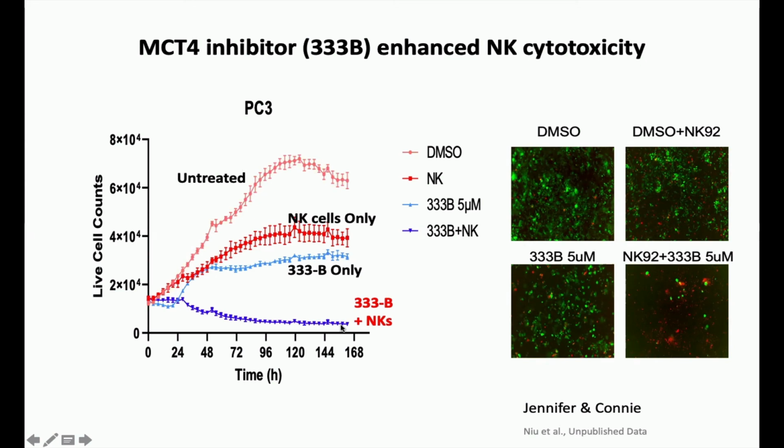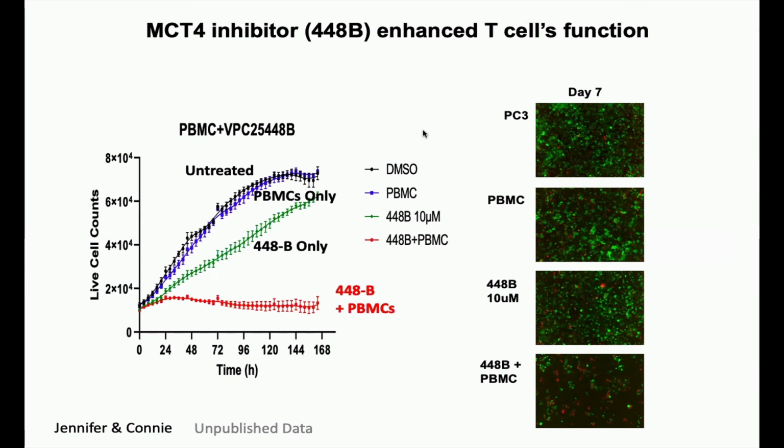That suggests that our compound not only proves our hypothesis, but is really effective when you have immune cells in place. This is a co-culture system they established, using T cells, actually activated PBMC cells, and the compound here is 448.